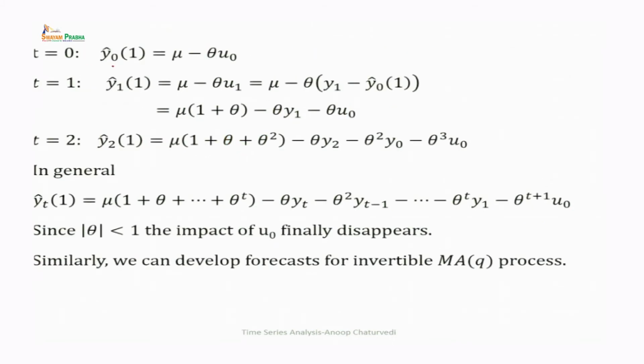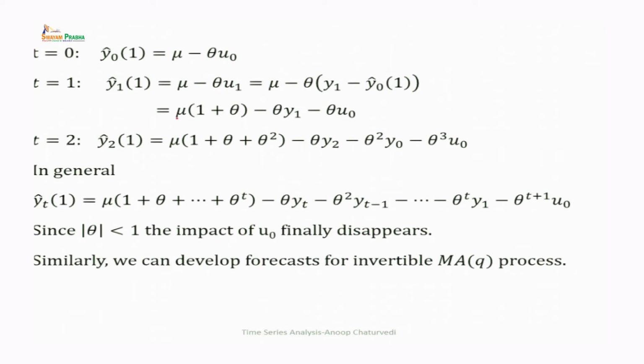So, for t equal to 0, y hat 0 1 is equal to mu minus theta u 0. For t equal to 1, you have y hat 1 1 equal to mu minus theta u 1. Then we replace u 1 by y 1 minus y hat 0 1. So, you get mu minus theta into y 1 minus y hat 0 1, and y hat 0 1 is equal to mu minus theta u naught.